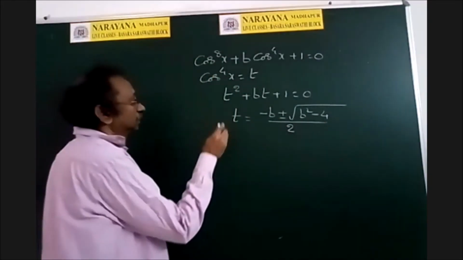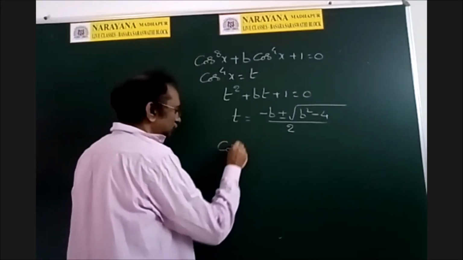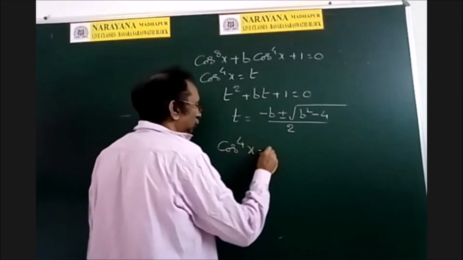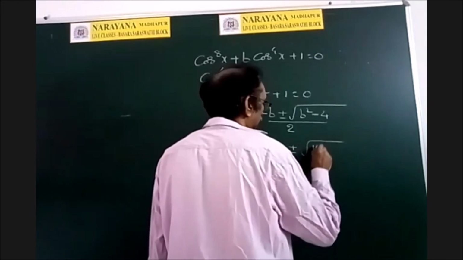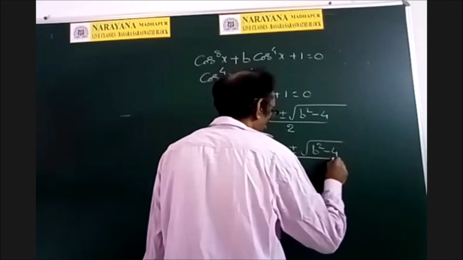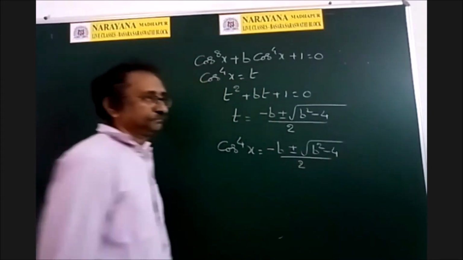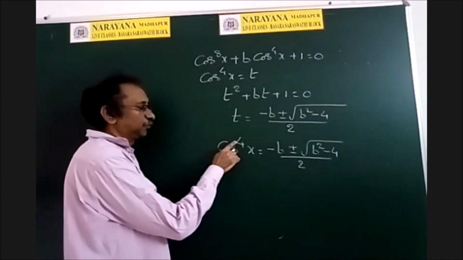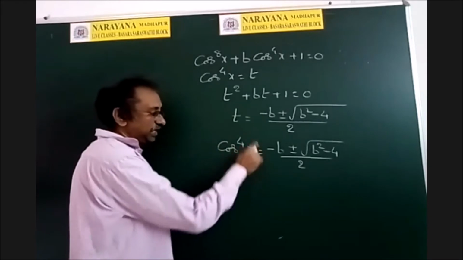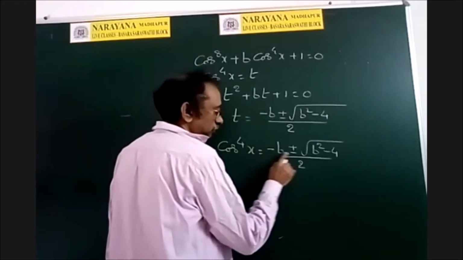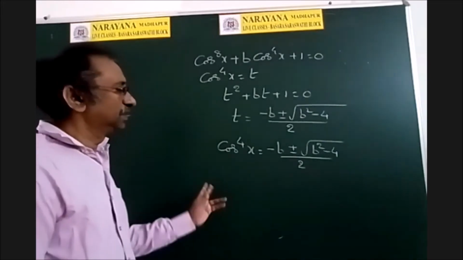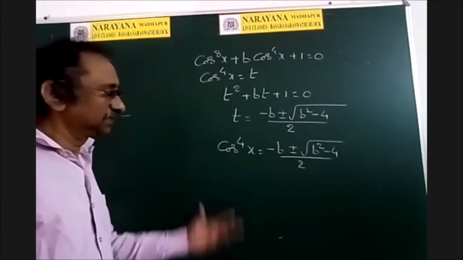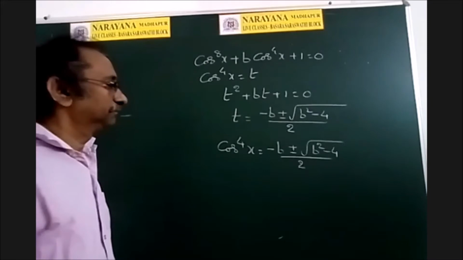So what is t? cos power 4x. So cos power 4x is equal to minus b plus or minus root of b square minus 4 by 2. But see here, cos power 4x must be a non-negative number. Therefore, it should be minus b plus or minus, depending on that b.